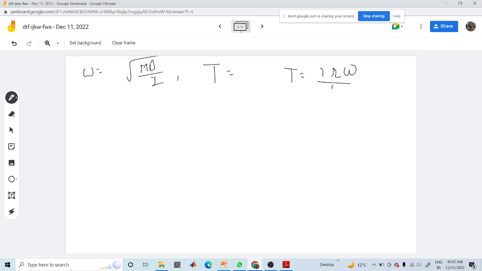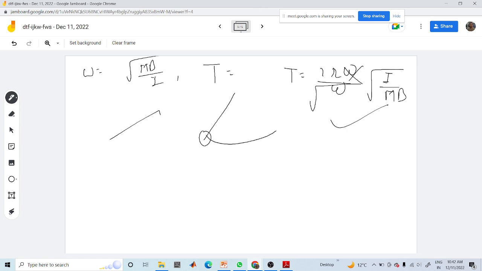So time period is equal to 2 pi under root I upon mB.